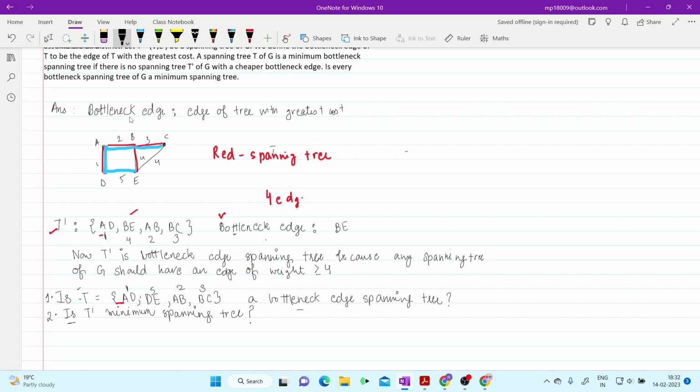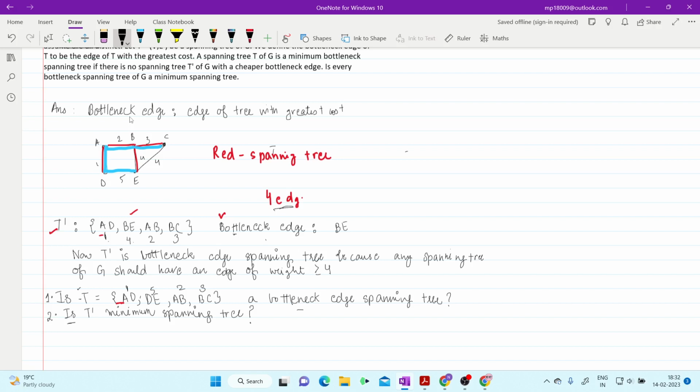Yes. Why? Because it has 4 edges which have the least weight in this graph.